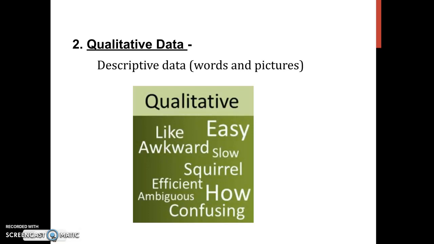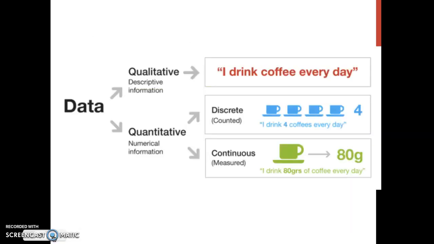So there's all these different pieces of information that we can gather when we make our observations. One that we're going to focus on quite a bit for qualitative data is color. We're going to witness some color changes of things happening in our next couple of units. That would be a descriptive piece of data that would qualify as qualitative.